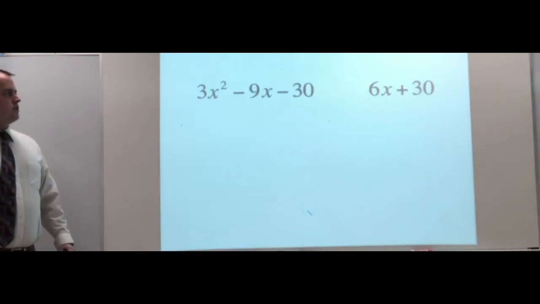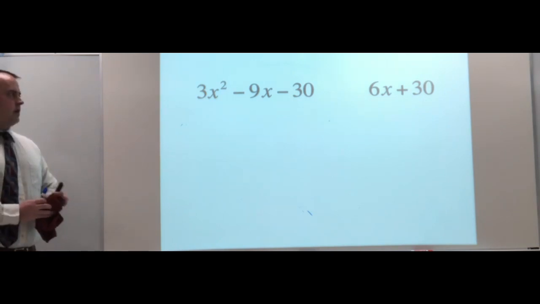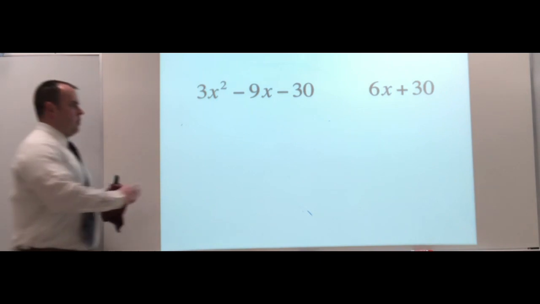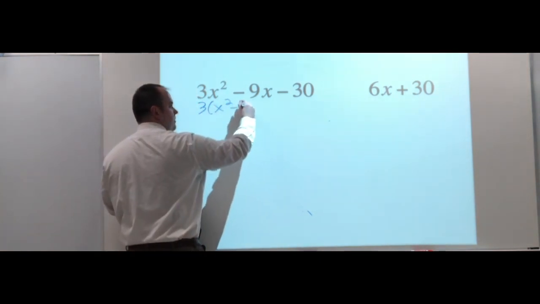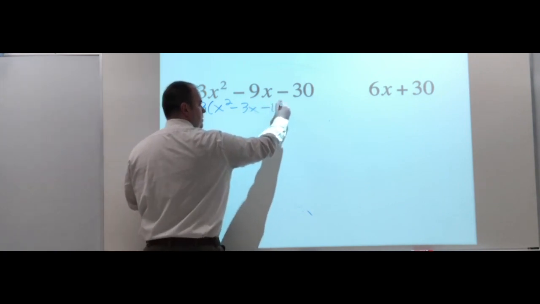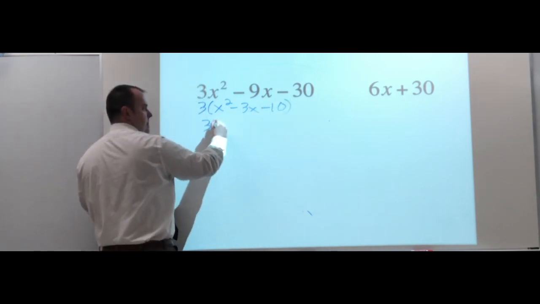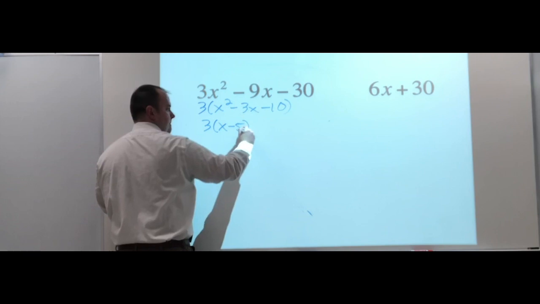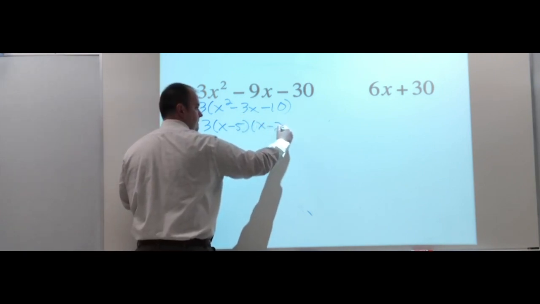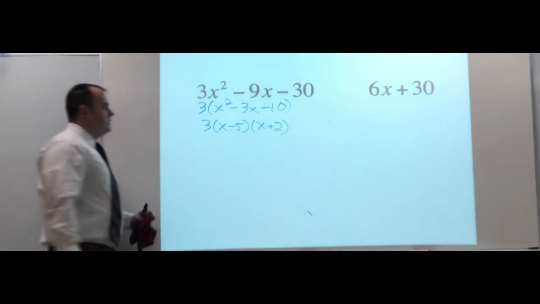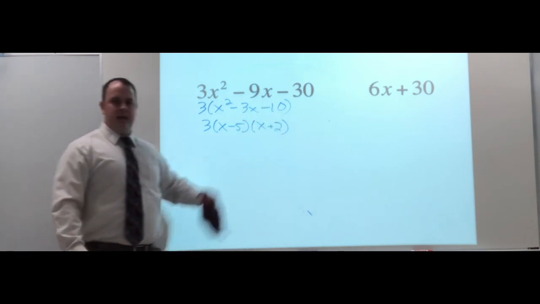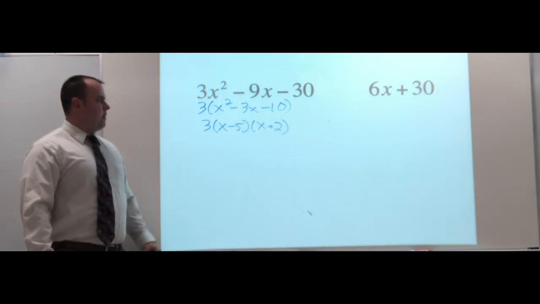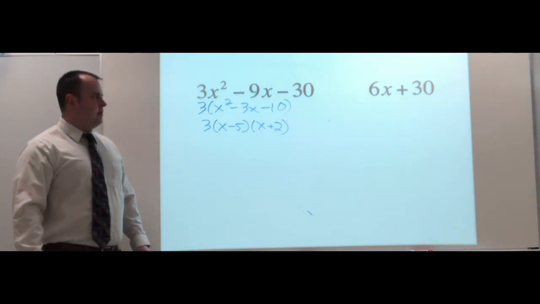Another example: 3x squared minus 9x minus 30 and 6x plus 30. Okay, so I'm going to go through the factoring quickly. I took out the greatest common factor of 3, and the factors of negative 10 that add up to negative 3 are negative 5 and positive 2.